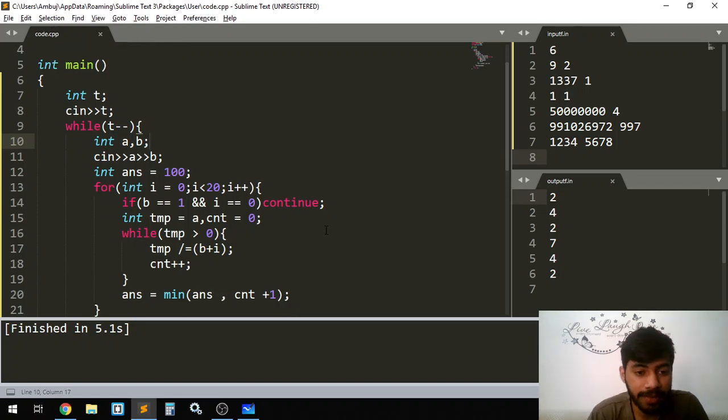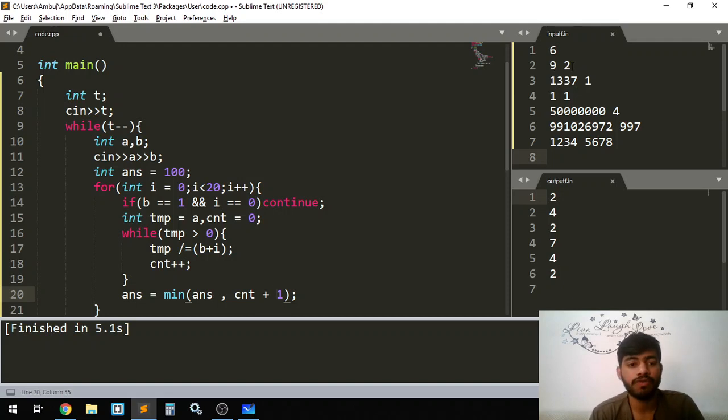There must be some error, so let's check. Then the minimum of answer and count plus 1. Count is basically the number of operations of type 1, and plus 1 is for the number of operations of type 2. Let's check the first test case, that is 9 comma 2.